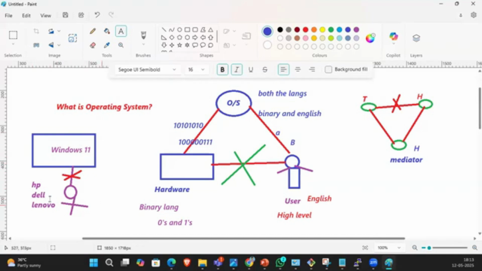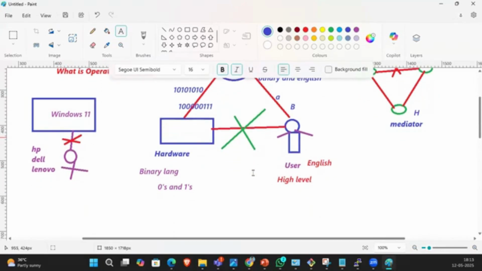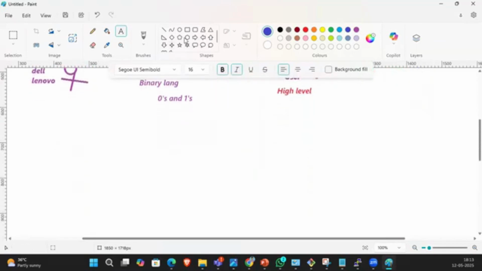Now you understood, right? So why do we need an OS on our machine, on our hardware? Because hardware knows only binary language and you know only English language, so you both are unable to communicate with each other. That's the reason we need an OS, Windows 11 or whatever it may be. So what is OS?